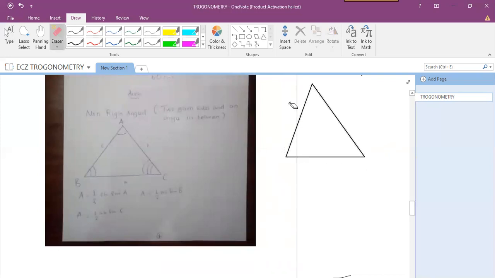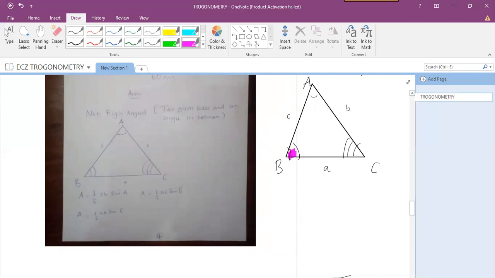So if you have a triangle like that, a non-right angle triangle, that would be A, B, C. That would be angle A, angle B, and angle C. This is small letter a, this is small letter b, this is small letter c. Exactly as with the cosine rule, for area you are always going to have two given sides and an angle in between.